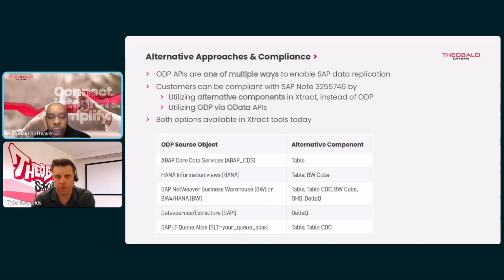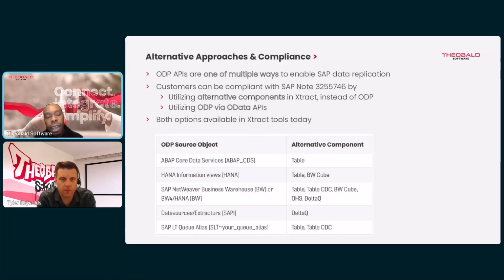You can also access views or information views from that same component, which is table, as well as BW objects. If you wanted to go more towards trigger-based change data capture off of your table, that'd be table CDC, as you can see at the very bottom, as well as for BW objects also. And then we have BW cube, delta Q, etc. for other BW objects that you wanted to pull.